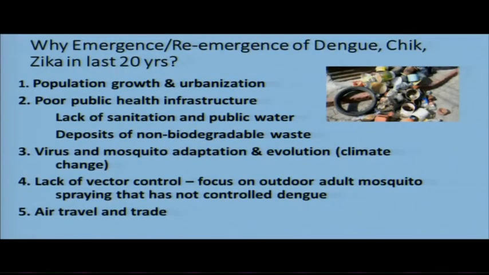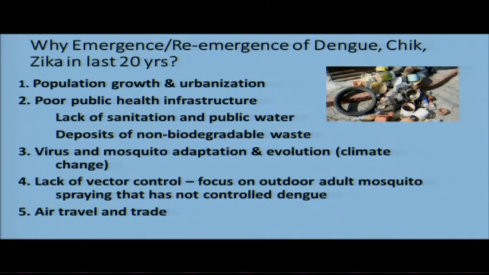And we'll move on. Well, why have these diseases emerged? Whenever we see something new, whether it's Ebola or Marburg or Lassa or Zika, we say, what the heck happened here? Why is it here, and why can't we get rid of it now? First of all, population growth all over the world, but particularly these megacities in developing countries.